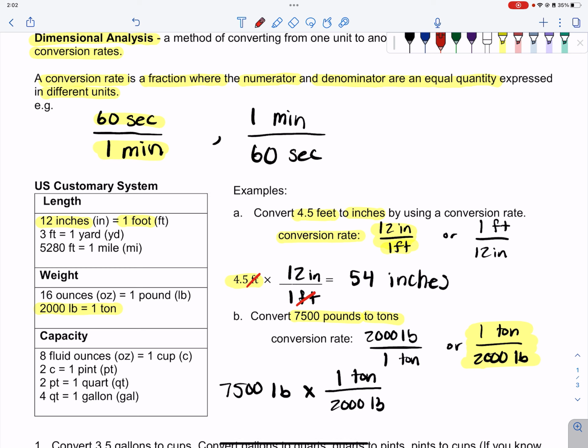So now the pounds are going to cancel because we have pounds in the numerator and denominator. So we're going to get 7,500 divided by 2,000, which is going to give us 3.75. And now our unit that we're left with is tons.